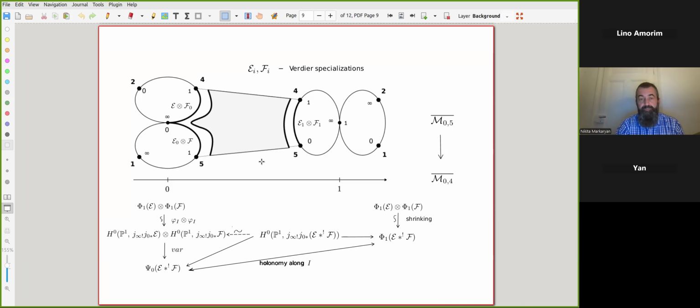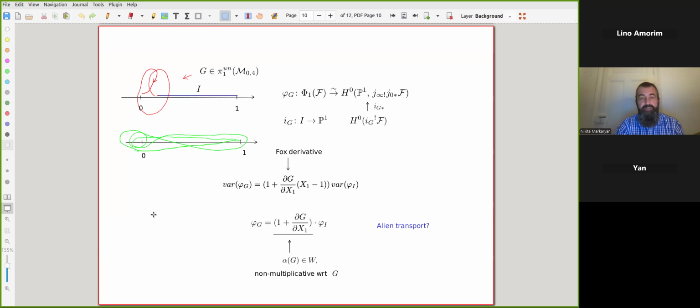So yes, it looks very formal. What I want to do next is to consider another isomorphism between vanishing cycles and this functor. The idea is that our isomorphism depends on the choice of interval.